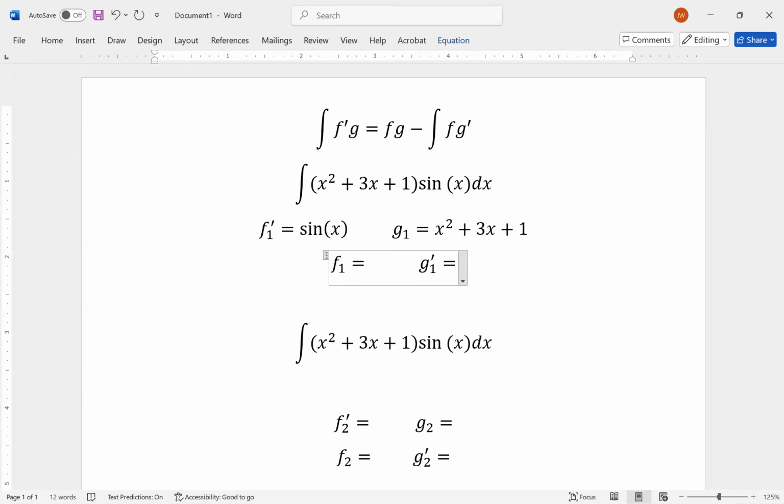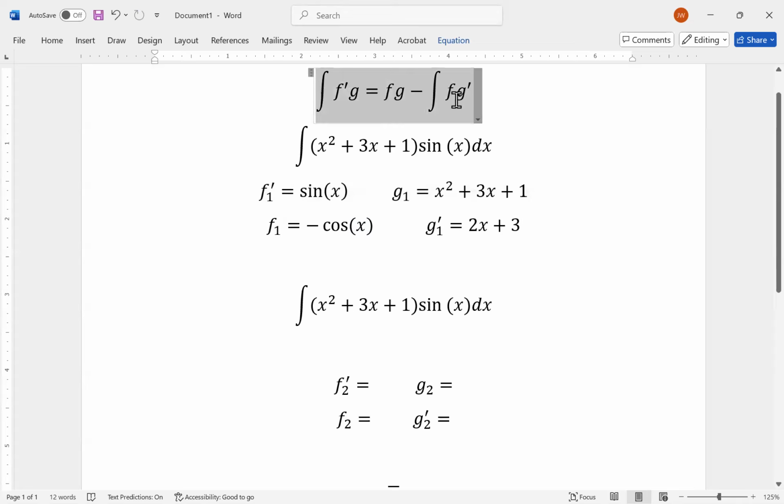Derivative of g is 2x plus 3. F, well, the antiderivative of sine is negative cosine. Again, that's the antiderivative. When I go from g to g prime, I take the derivative. F prime to f, I take the antiderivative.